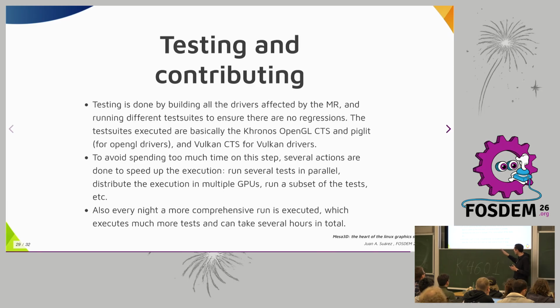Then, of course, every night we run a nightly pipeline, which is basically, okay, now I have time. We are not blocking all the merge requests. That's the reason why we run the other in 15 minutes. But here let's run all the tests, a more comprehensive run. For instance, we run maybe the full CTS.